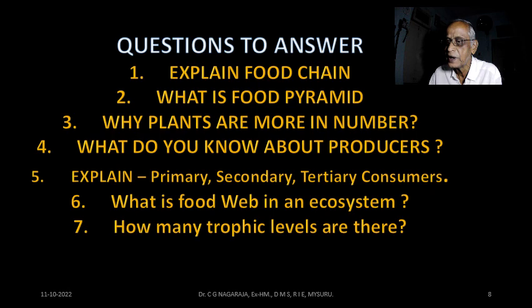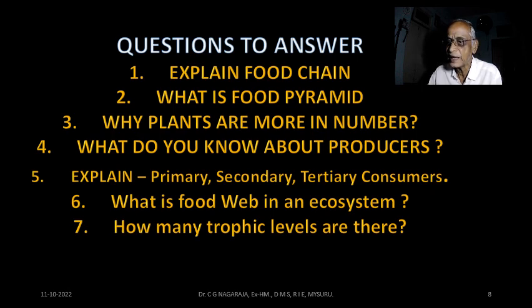The base of the triangle contains the food used by organisms many times in a day, like carbohydrates, cereals, etc. As we go to the top apex, that food will be used very less in a day or in a dietary plan. Why are plants more in number?